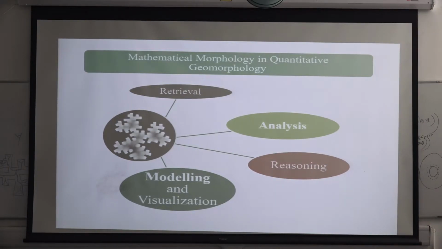That comes under retrieval. And then analysis. One good analysis technique which I can explain is the computation of fractal dimension and of course roughness measurements. And then reasoning, which I didn't really cover: the distance relationships and topological relationships, the quantitative reasoning, which has more relevance to spatial data science. And modeling and visualization, where you have interpolations and extrapolations.